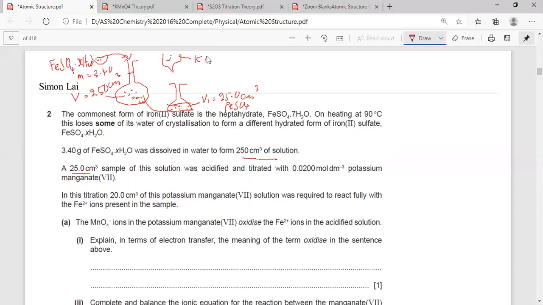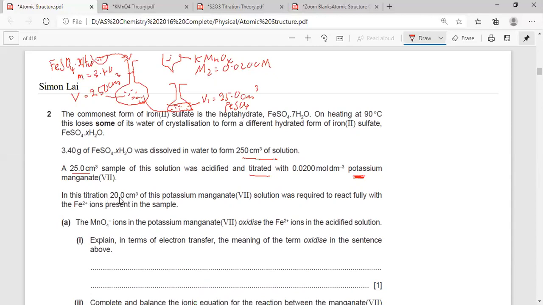You titrate with KMnO4. The molarity M2 of KMnO4 is 0.0200 M, with 3 significant figures.